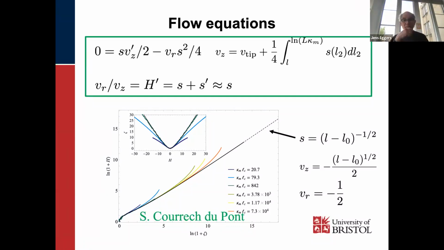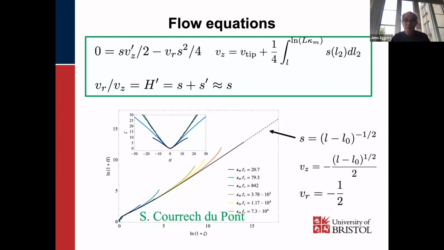And this is a summary of various experiments here at different curvatures, and they all fall onto the black line, except, of course, if you're too far away, because this is a theory that's made just for the tip region.